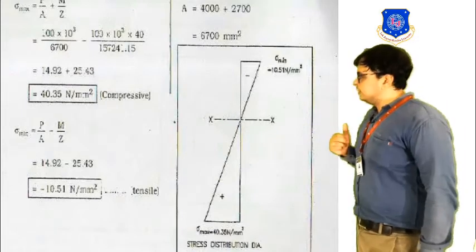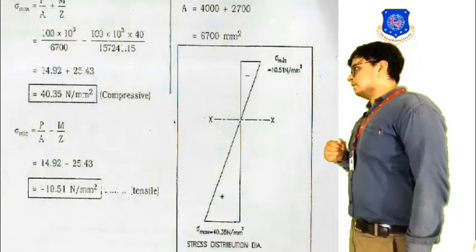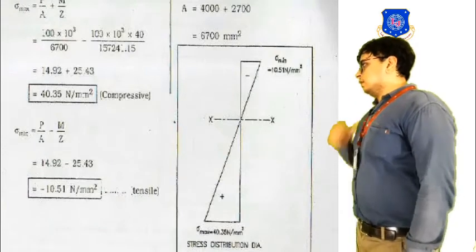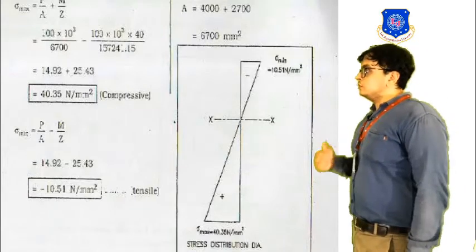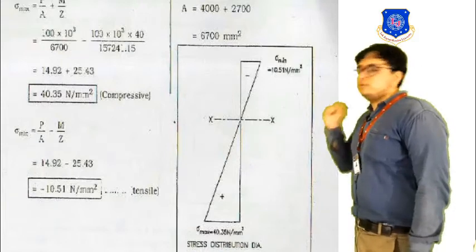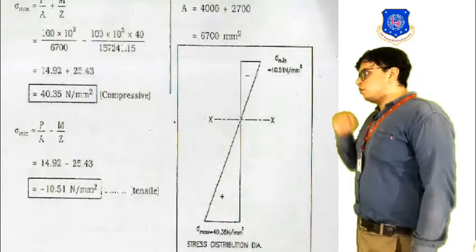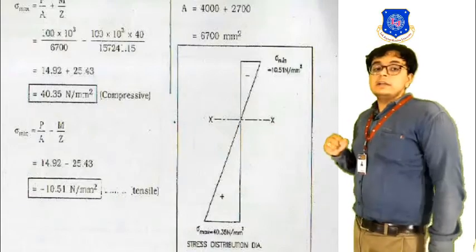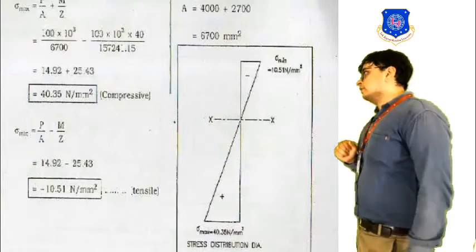So the load is 100 kilonewton, means 100 raised to 3 Newton, into the lever arm. The lever arm over here will be 40 mm. So the moment will be equal to 4 into 10 raised to 6 Newton millimeter.